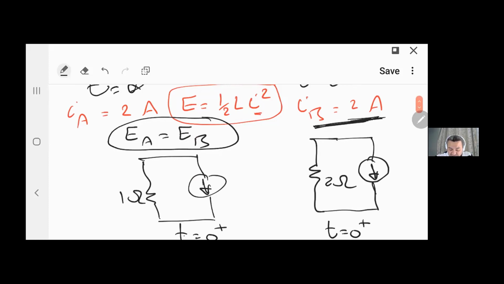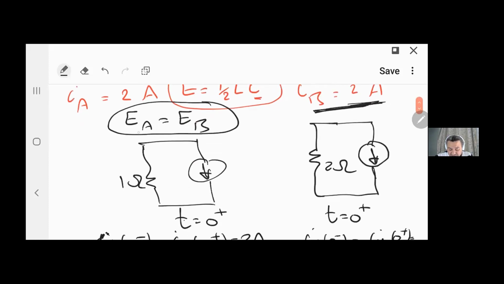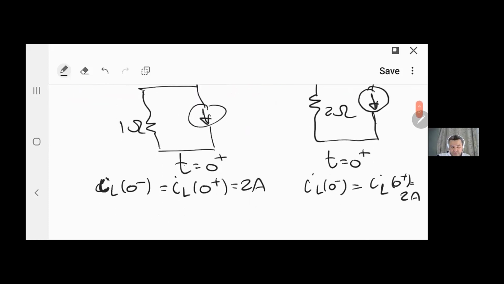The energy stored in the inductor was EA equals EB. They were equal. Then when I open the switch again, this current starts to discharge into those resistors. One of them in the 2 ohm, the other one in the 1 ohm. But the total energy is the same.